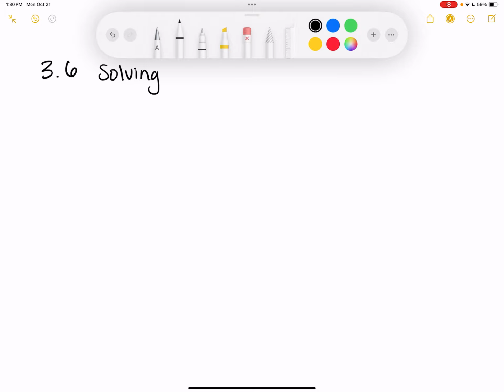Solving proportions using cross products.